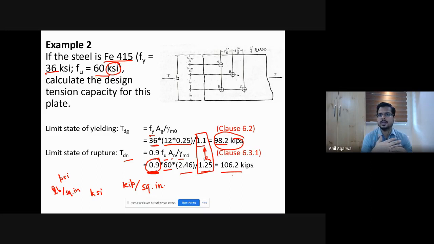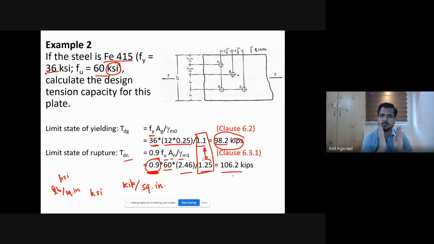So let's say if you have more scatter on that particular value, then you use a higher resistance factor. For example, if a material has more scatter in the limit state of rupture, that is, at what stress it ruptures, if there is more scatter there, then you would use a higher factor of safety. You follow that? If there is more uncertainty, higher factor of safety.